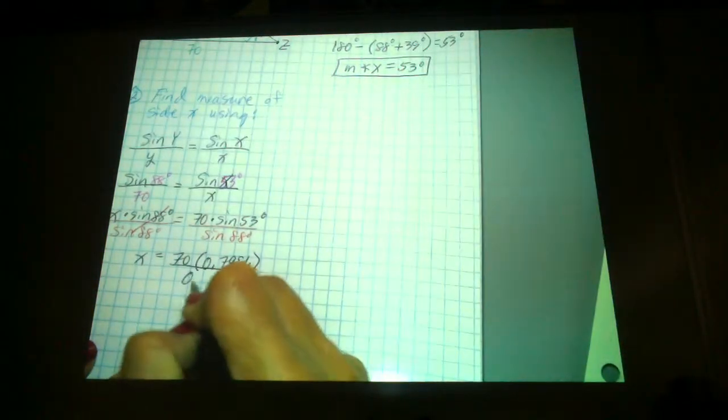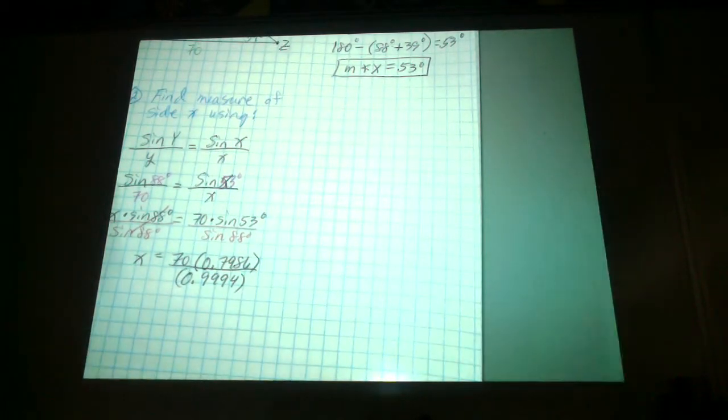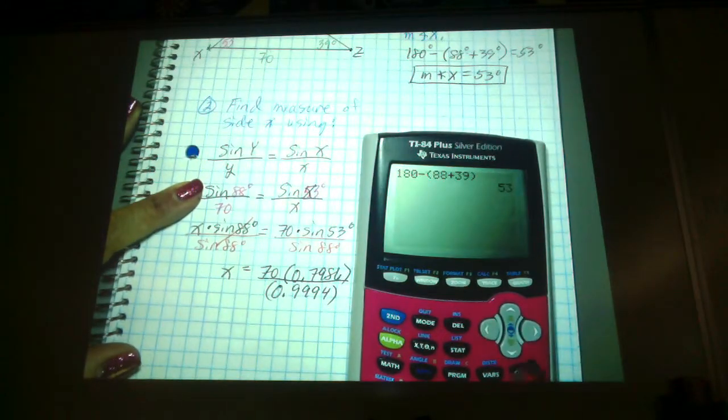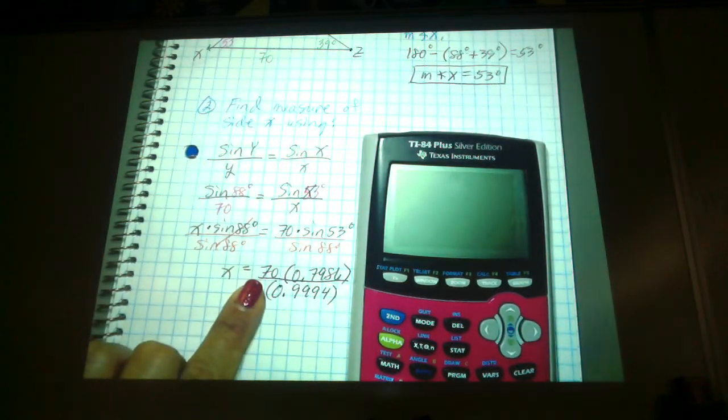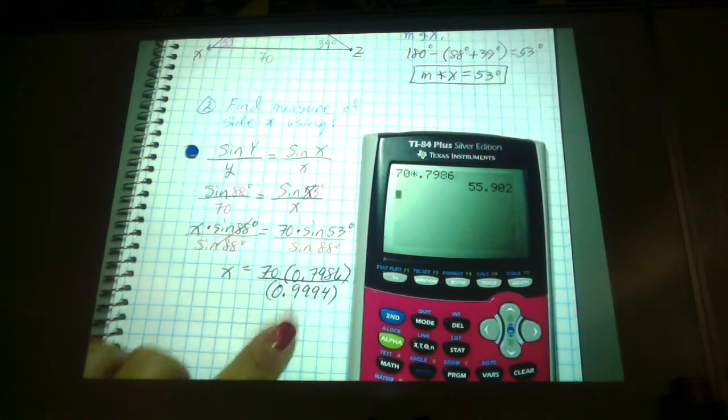So 0.9994. So the rest is done in your calculator. So I have 70 times 0.7986, divided by 0.9994, equals.